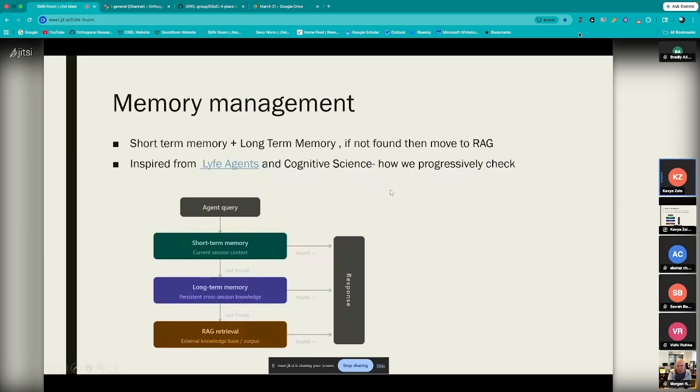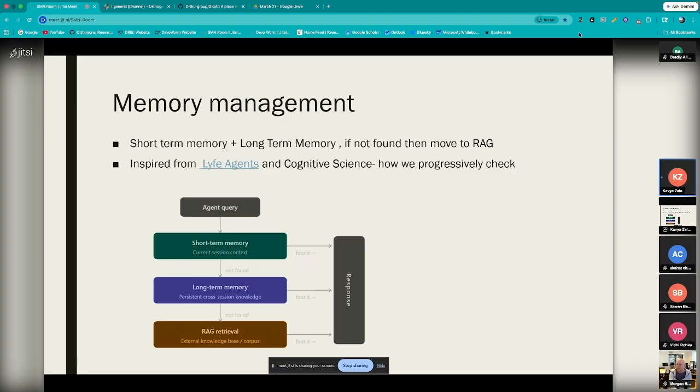Now, thinking about the memory management, I'm thinking of an architecture where we have short-term and long-term memory, and if it is not found in these memories, then only we move to RAG, because RAG is actually computationally expensive: making LLM calls, retrieving context, doing embeddings every time.